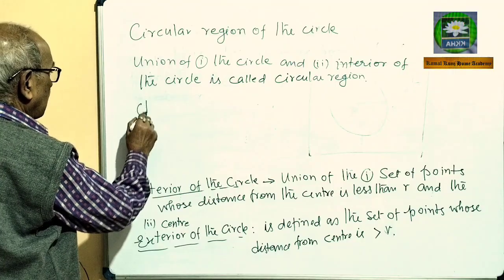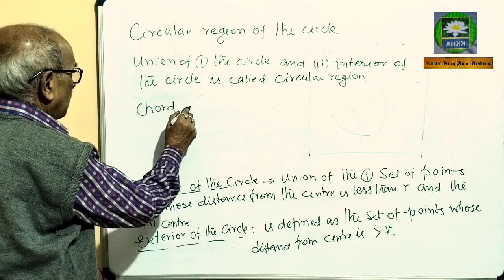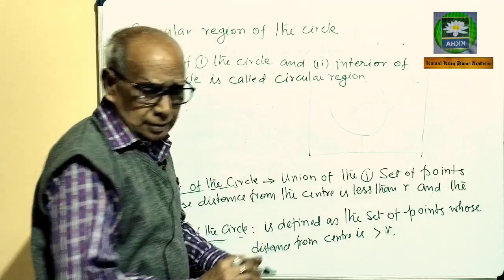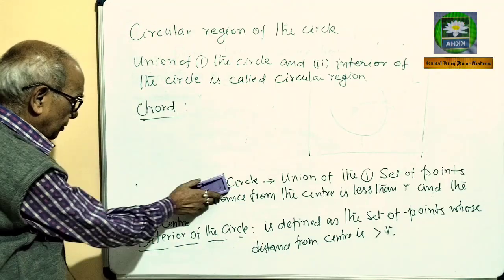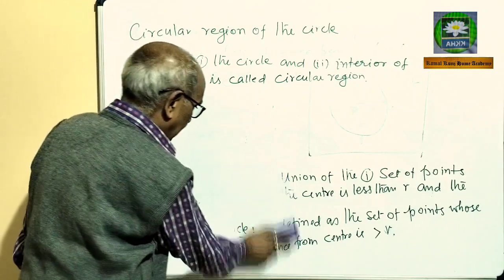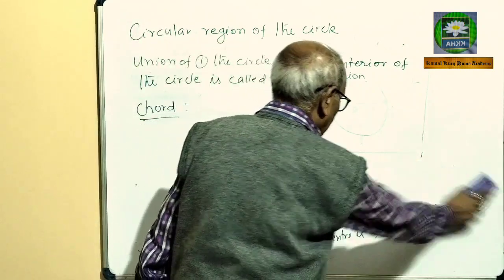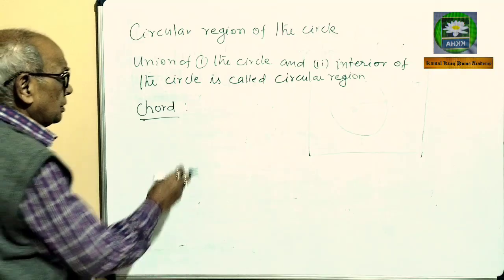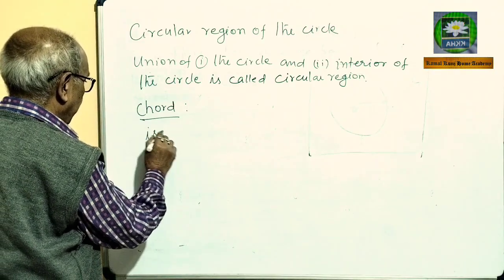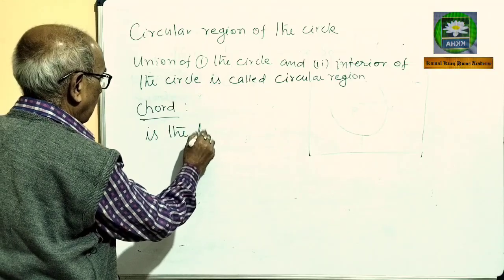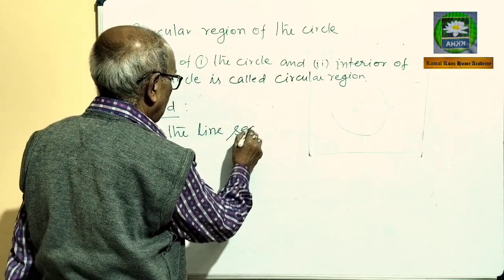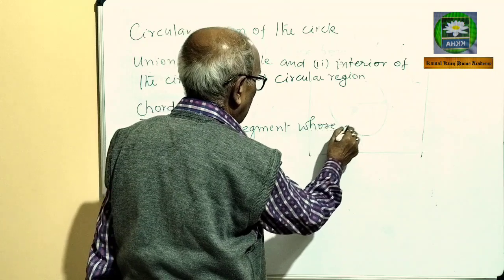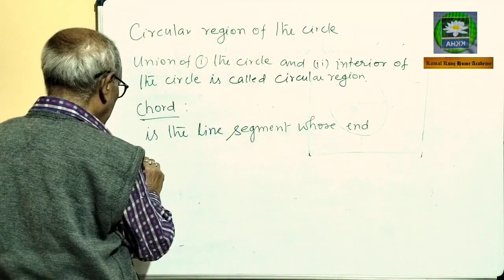What is a chord of a circle? A chord is a line segment whose end points are on the circle.